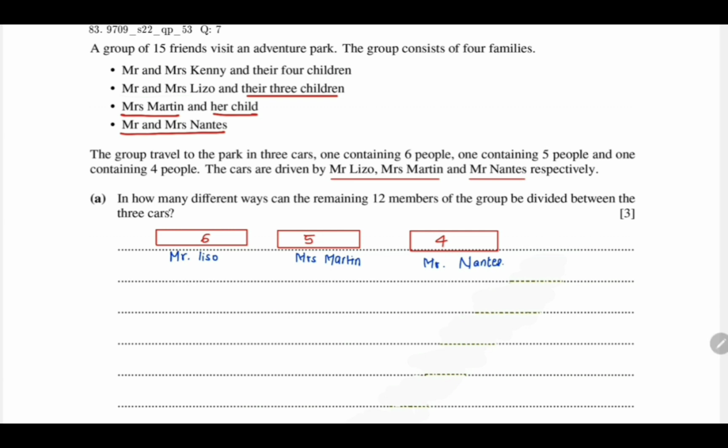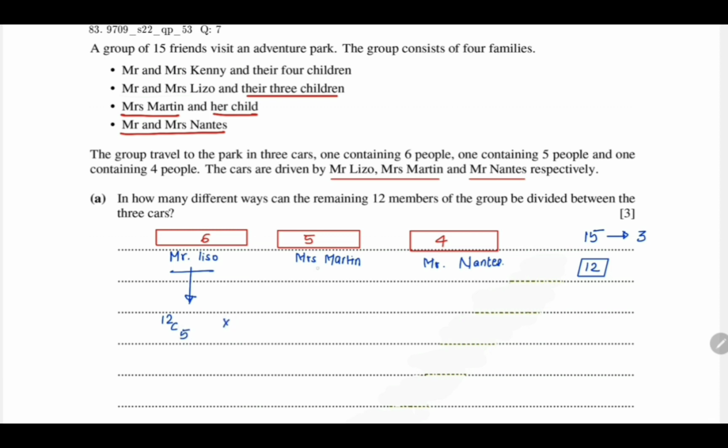It is very easy. Out of 15 people, 3 have already been seated. So we are left with 12 people. So 6 in the first car, out of which Mr. Lizo is fixed. So we have to select 5 people. For the first car, the remaining 5 people can be chosen out of the remaining 12 people in 12C5 ways.